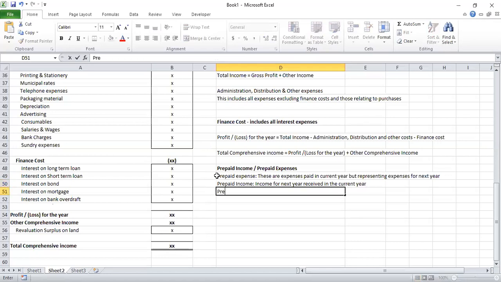So prepaid income and prepaid expenses should be deducted from the respective expenses or incomes.